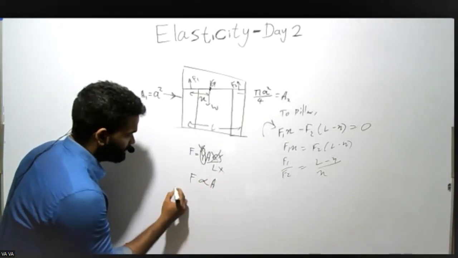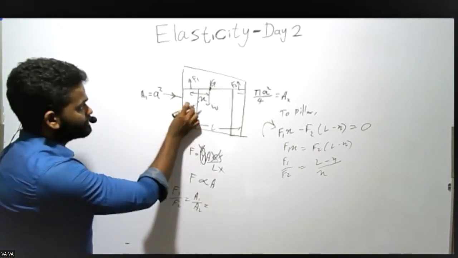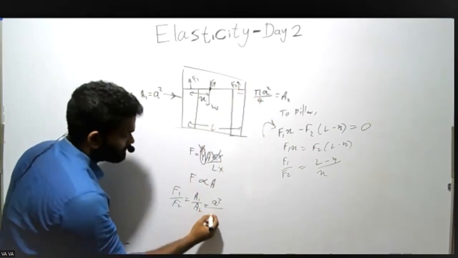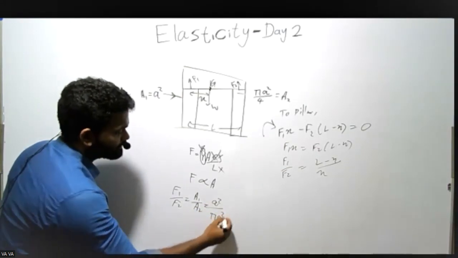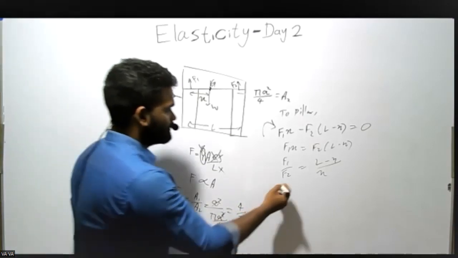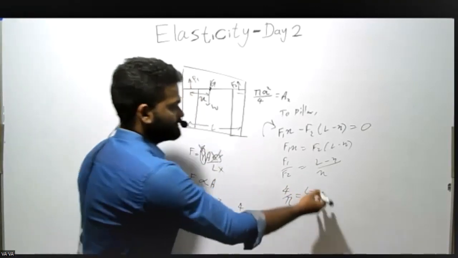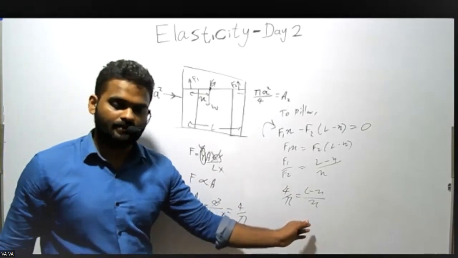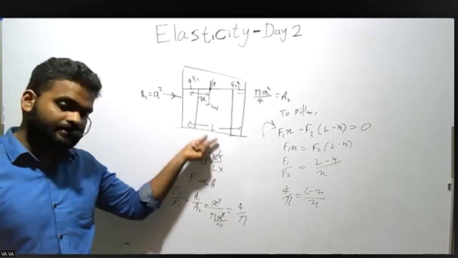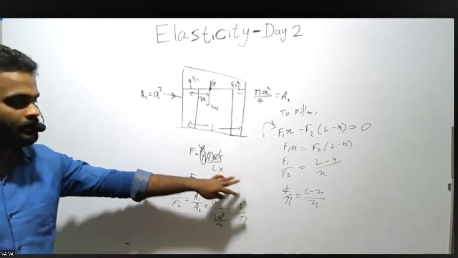Or else I can separately find that F1 divided by F2 is equal to A1 divided by A2. A1 is this one, that is A squared. F2 is this one, 5A squared over 4. A cancels off. So the ratio is 4 divided by 5, equals L minus X divided by X. Then you have to find X, you have to make X the subject. This will be a very complicated equation if you write all these terms. Don't write unnecessary stuff, that's why things get complicated.